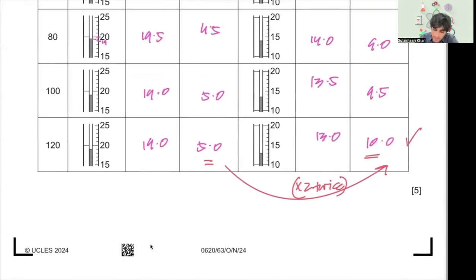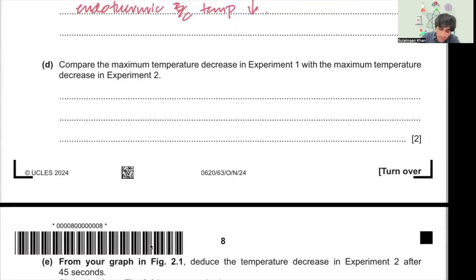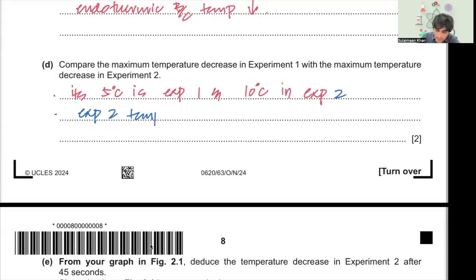The maximum temperature decrease is 5 degrees Celsius in experiment 1 and 10 degrees Celsius in experiment 2. Since it's a 2 mark question, I'll also write that experiment 2's temperature decrease is twice as much, to quantify it.